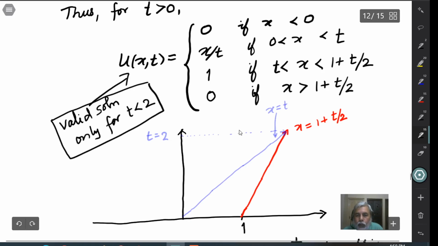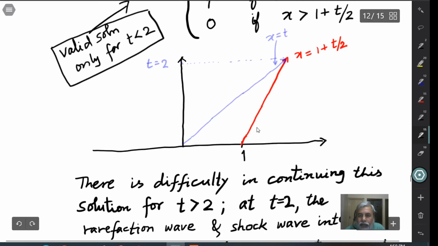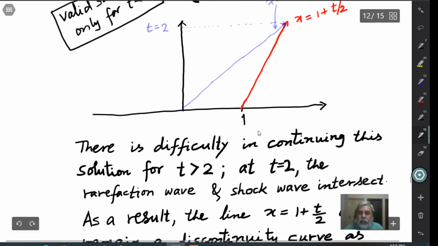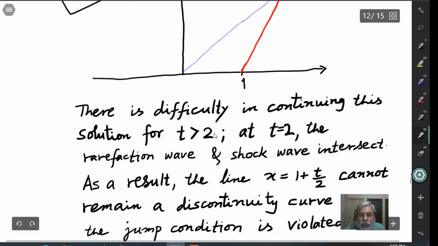Okay, so beyond 2, we have to now construct a line of discontinuity or curve of discontinuity in order to complete the solution for t bigger than 2.